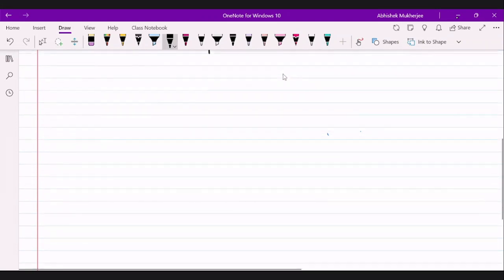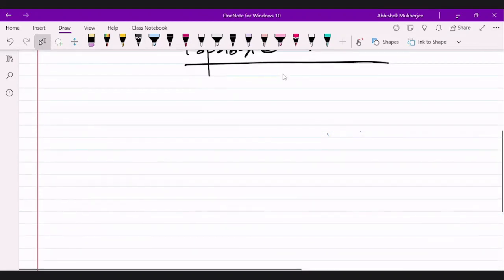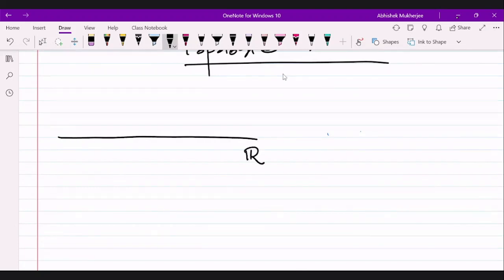Suppose you look at two familiar spaces: the real line, equipped with the usual topology, and the unit circle.